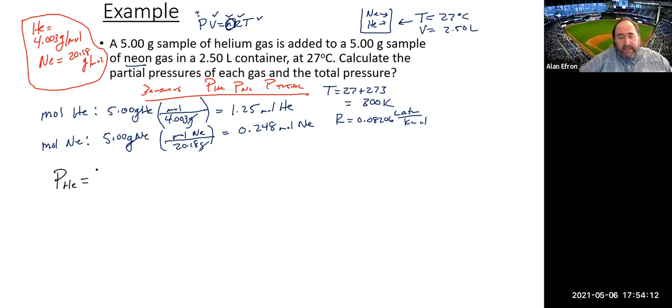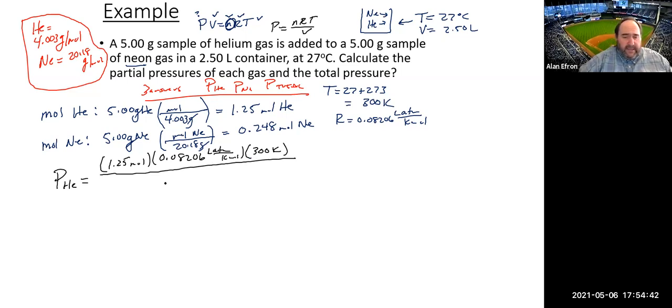Putting in our numbers, rearranging, the pressure is equal to nRT divided by V. Our moles of helium is 1.25, our R is 0.08206 liter atmosphere per Kelvin mole, our temperature is 300 Kelvin, all divided by our volume, which was 2.50 liters.